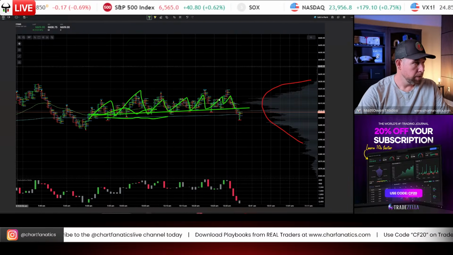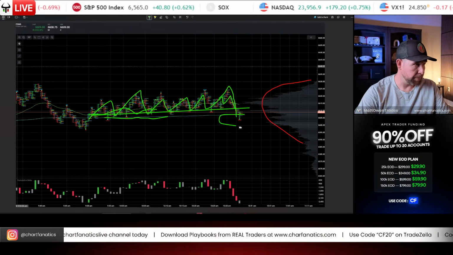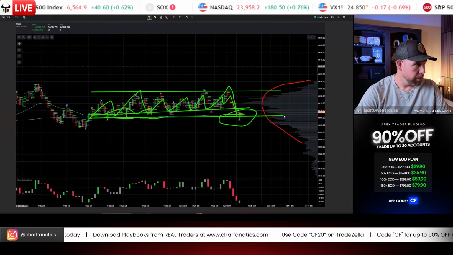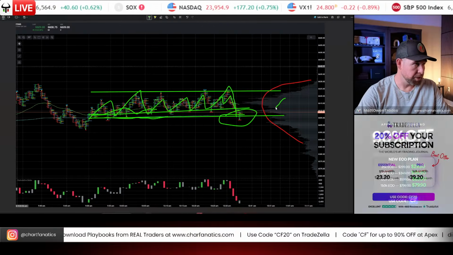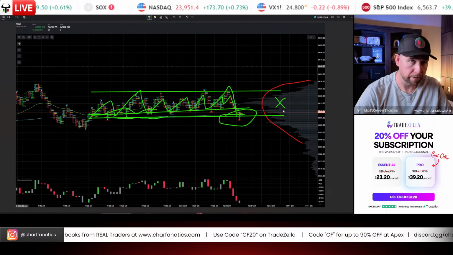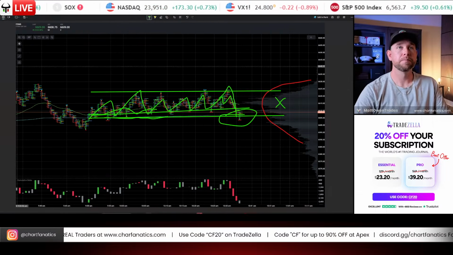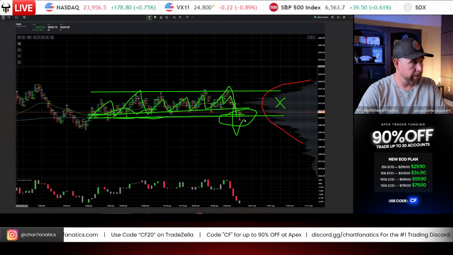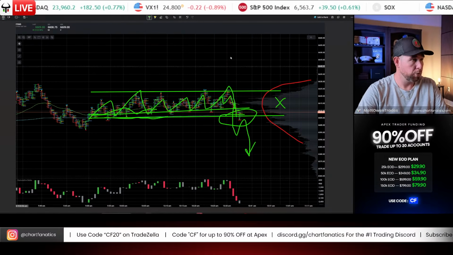So overall, we had one little pop at the highs there, and now we dropped to the lows. But overall, this range looks like a big old, just don't touch it area. It's not good quality. Now, if we break it, that may be more interesting.